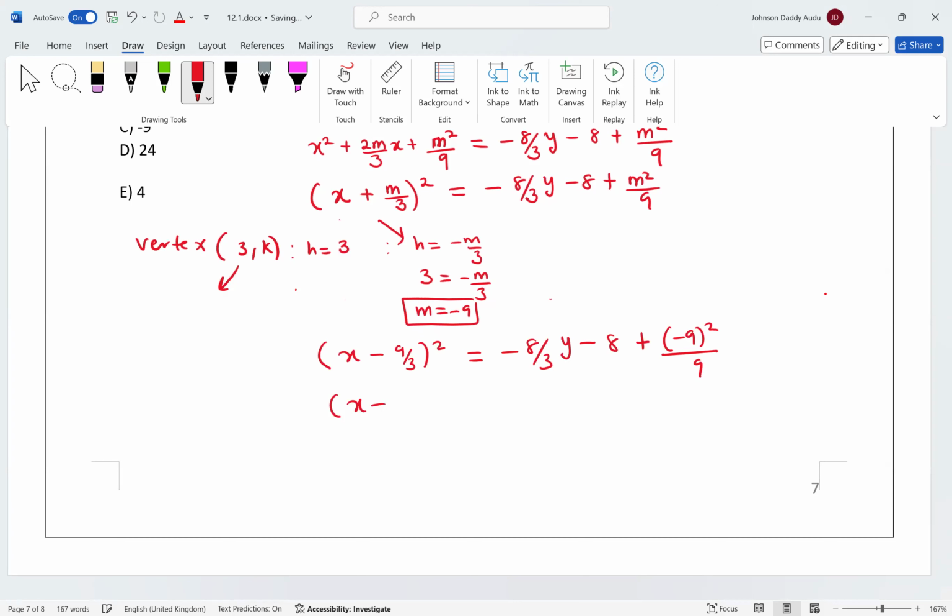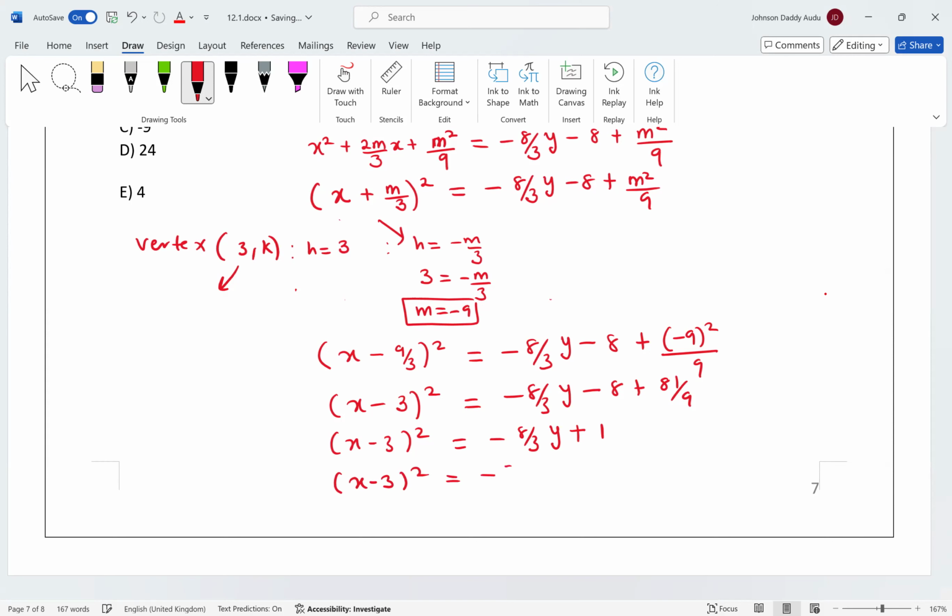So everything will just be x minus 3 squared is minus 8, and this is minus 8 plus 81 over 9. So this is just going to be minus 8 plus 9, which is just going to be plus 1, right? And now we can write this as x minus 3 squared.